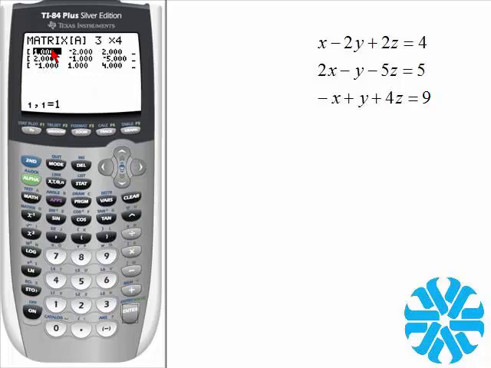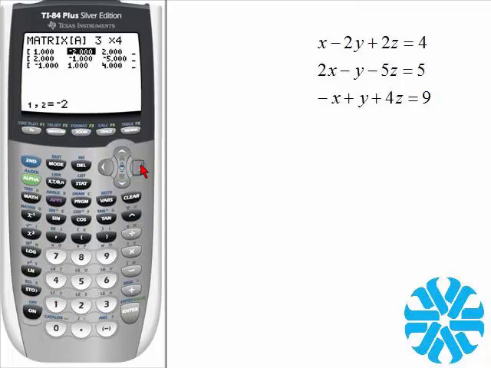Now, if you wanted to preserve a little bit more room on the screen, you would set the float to 0, and it would just show your integer values. And this would give you more room on the screen, and we wouldn't have to scroll all the way to the right to input the constant values. So I just wanted to bring this to your attention.